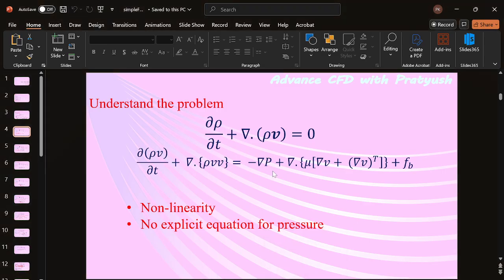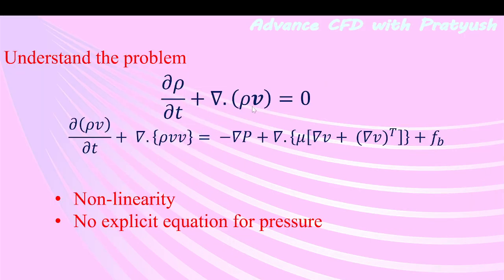Okay, so the first equation, the continuity equation, is going to give you one single equation, but the second equation, the momentum equation, if we write it in the different components of the velocity, that is u, v, and w, is going to generate three different equations.